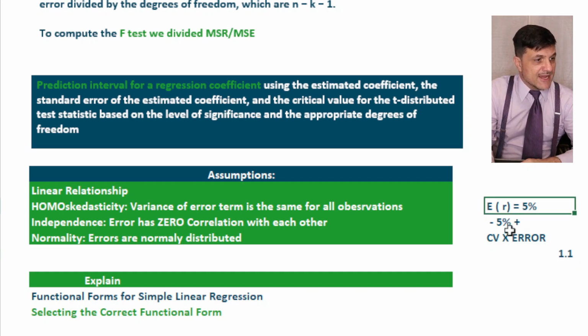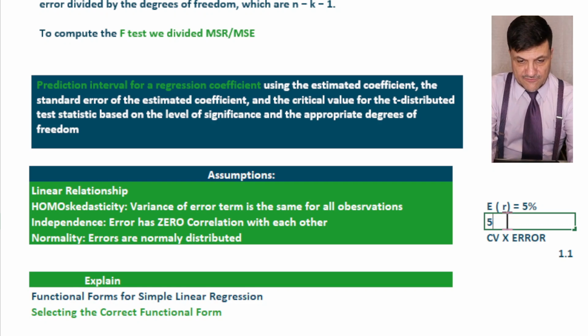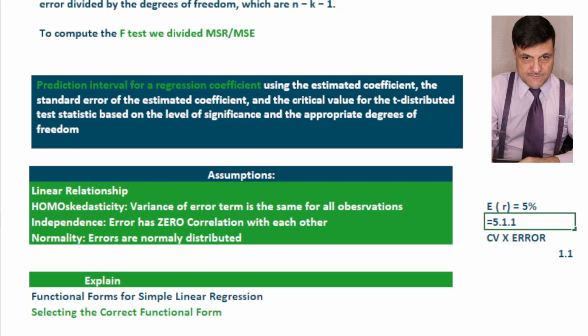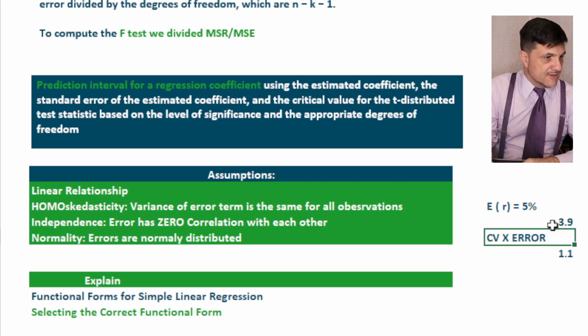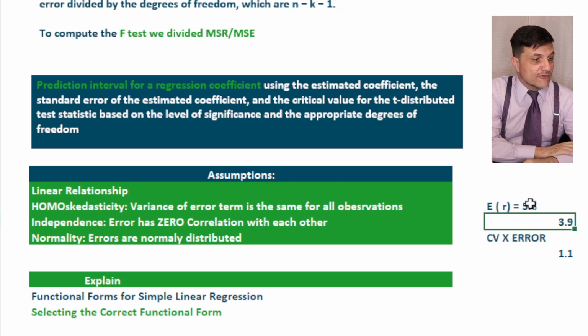My interval would be 5 minus 1.1, which is 3.9. That's the lower bound. And then I do 5 plus 1.1, which is 6.1.